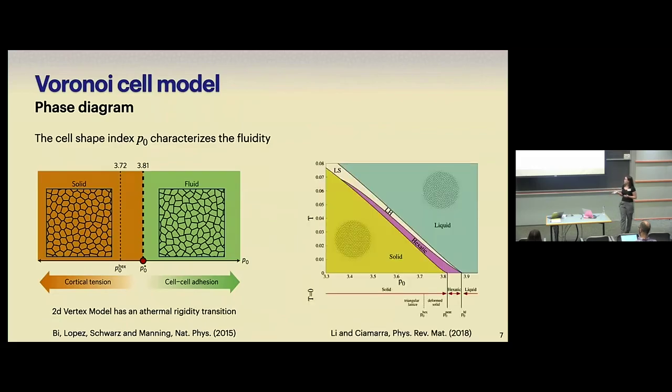Here we're thinking about this model more as a material. I know this is an active matter conference, but we're thinking about a thermal system. You can think of temperature like activity if that makes you feel better.